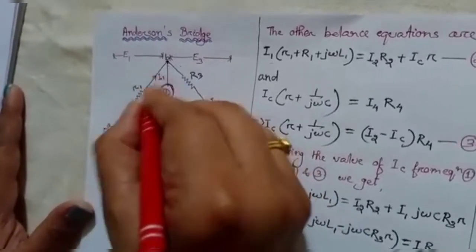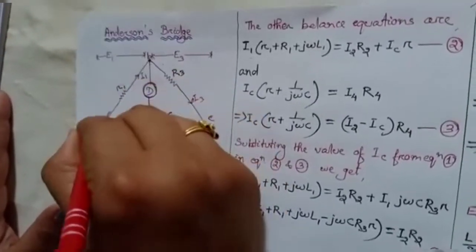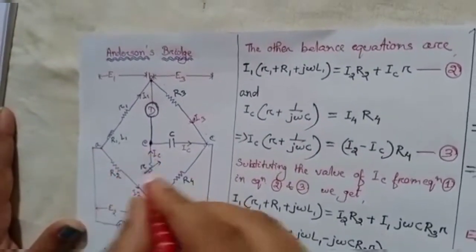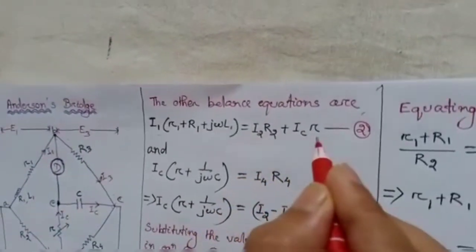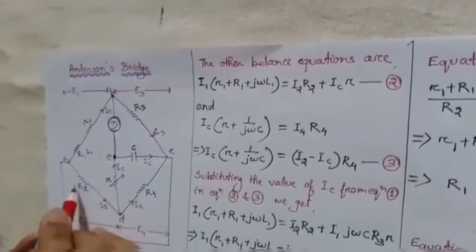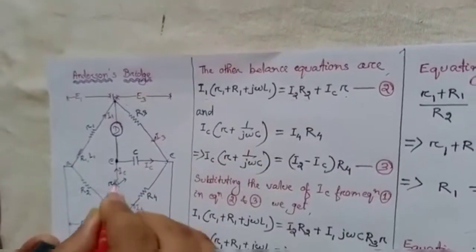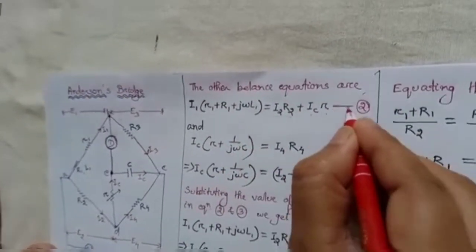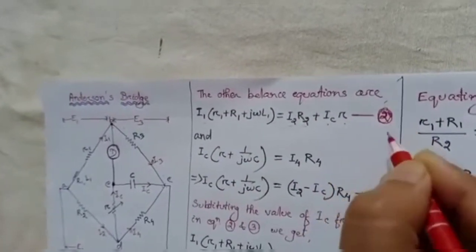So at balance condition, A to B must be equal to ADE. That ADE voltage is, first, I2 into R2, and second, IC into r. This is the second balance equation, equation number 2.